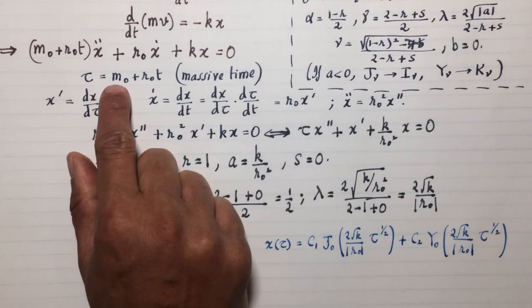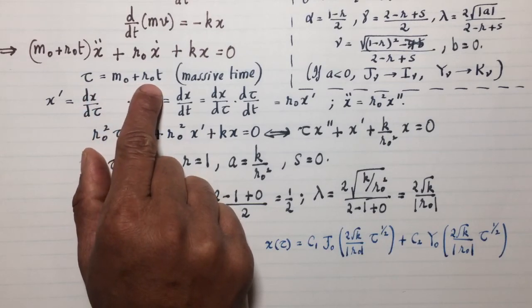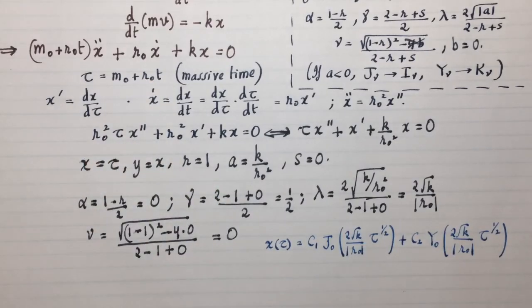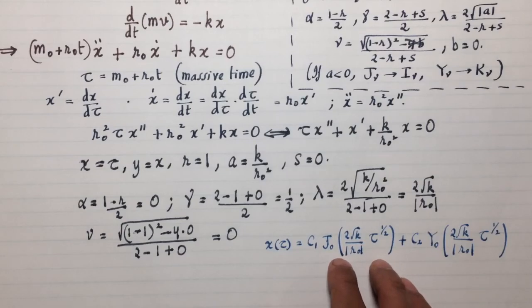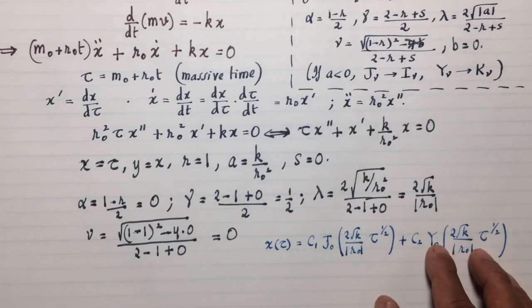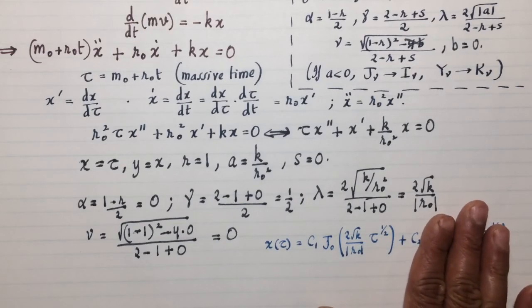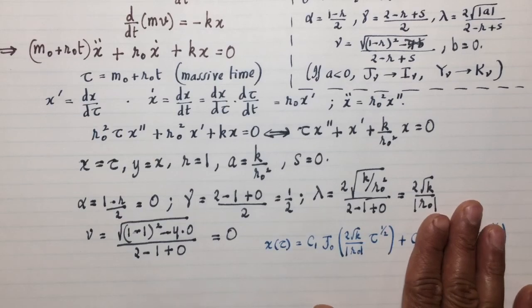Tau going to 0 means that the mass is fully evaporated. It actually means that the time goes to infinity. You will find that this j naught is approximately equal to 1, the asymptotics work out to be like that, and y naught goes to infinity as the mass goes to 0. So you cannot have this. So for large times at least, this solution doesn't exist, and you just have this.